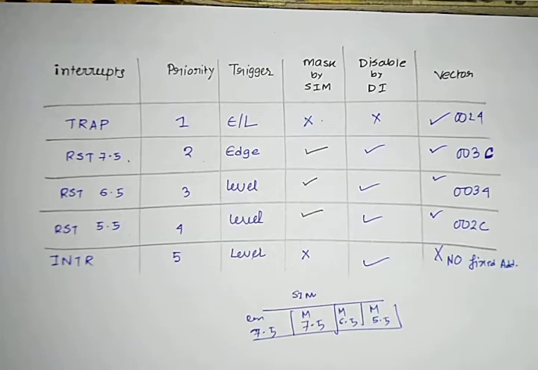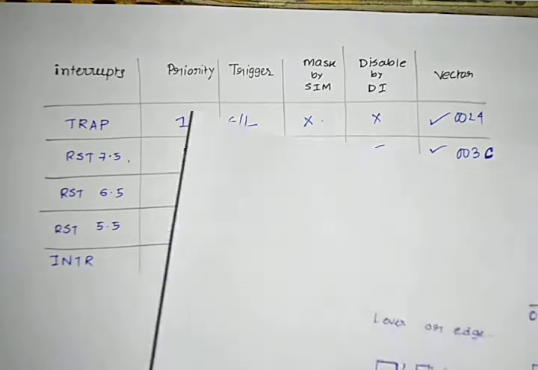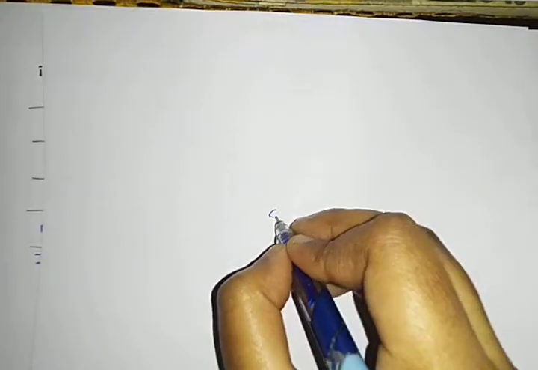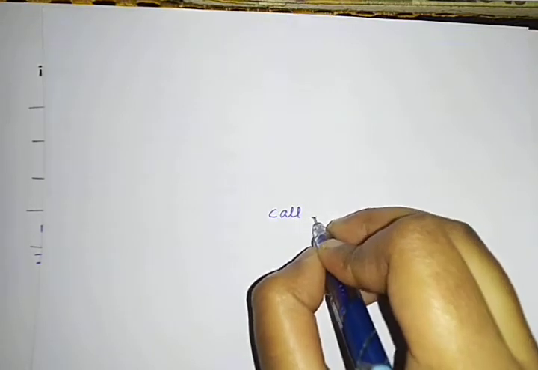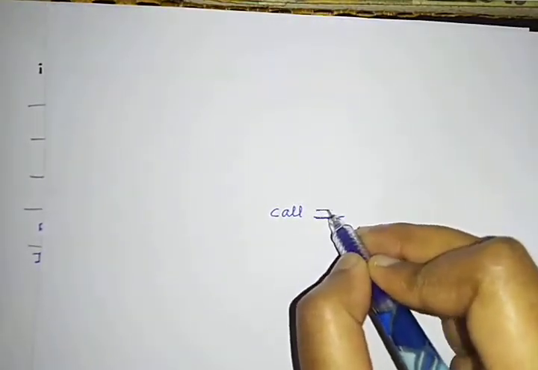Now vector. What is a vector interrupt? I've already told you that all the interrupts that will occur are nothing but subroutines. Now for all my subroutines, whenever we write call and the program name, this is basically an address.